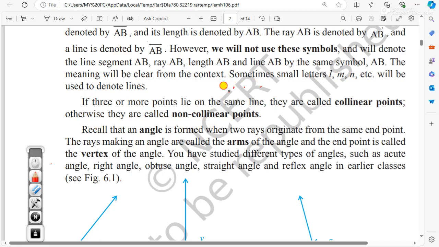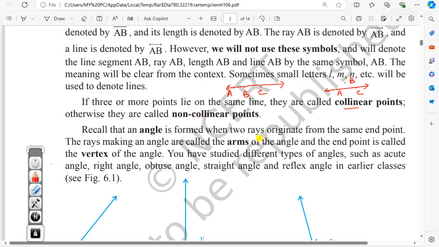If they are represented by A, B and C, and these lie on the same line, you see this is a line, all the 3 points lie on the same line, then these A, B, C are called collinear points. Otherwise they are non-collinear. Suppose this is a line, right? There are 2 points on the line, A and C, but point B is here, then we can say it is non-collinear points, right?